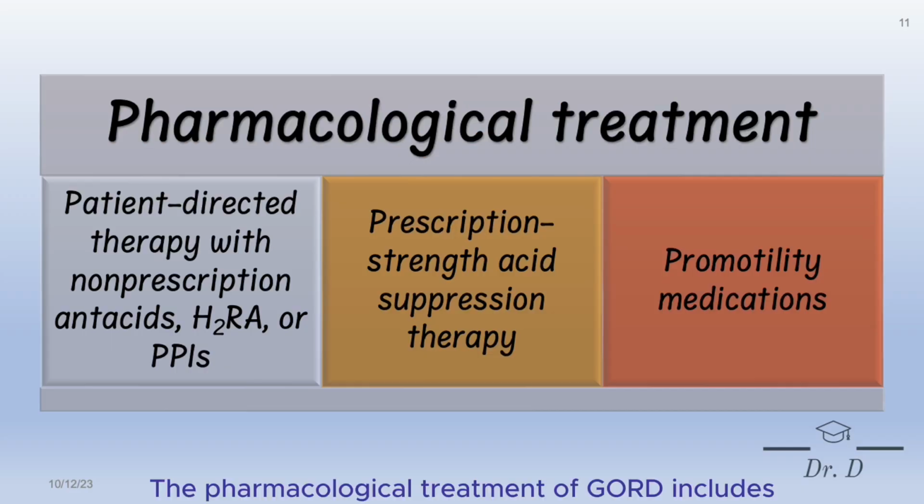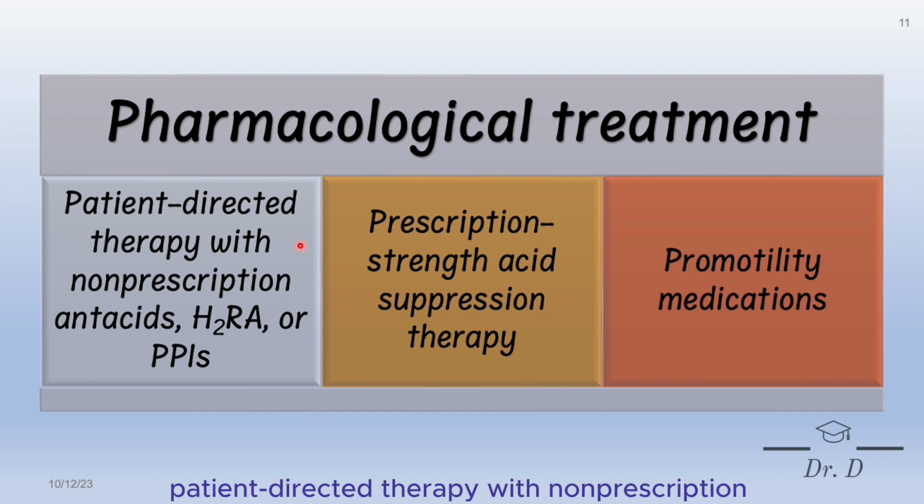The pharmacological treatment of GORD includes patient-directed therapy with non-prescription antacids, H2 receptor antagonists, and proton pump inhibitors. It also includes prescription strength acid suppression therapy and, in certain circumstances, pro-motility agents.